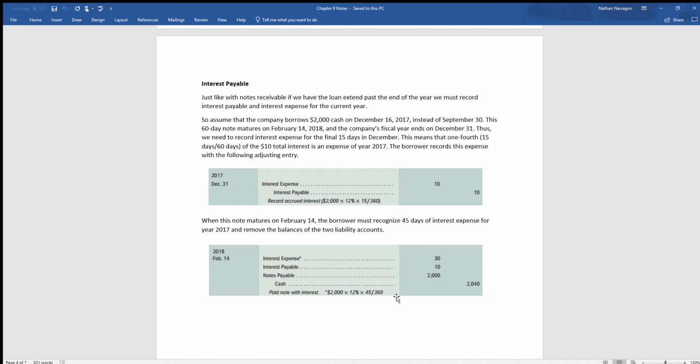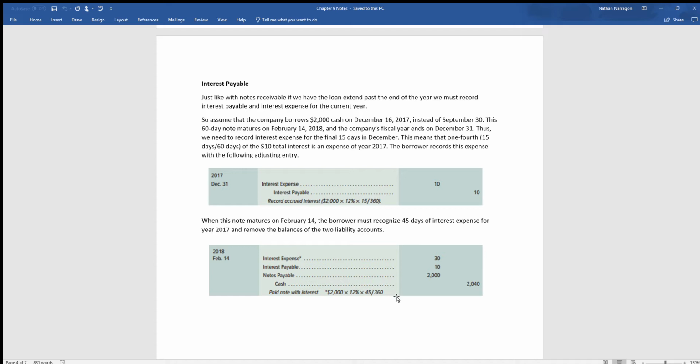The reason behind this is that we have to recognize expenses in the current year, even though we don't pay it till next year, because it has actually been incurred in the current year.